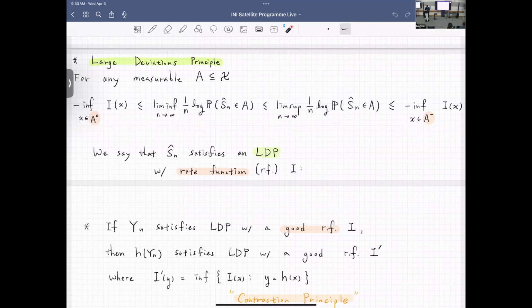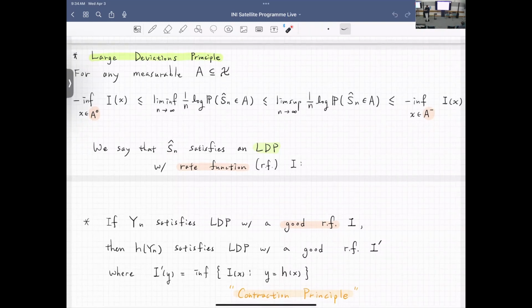We say that S hat n, a sequence of random variables, can be real-valued random variables, but it can also be, for example, function-valued random variables or any random object in a topological space.